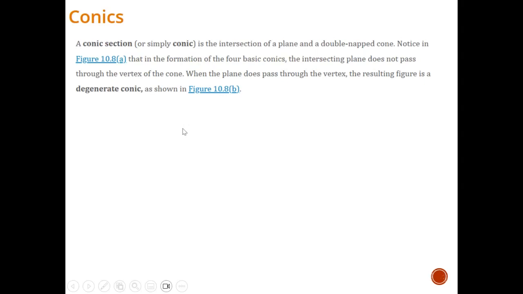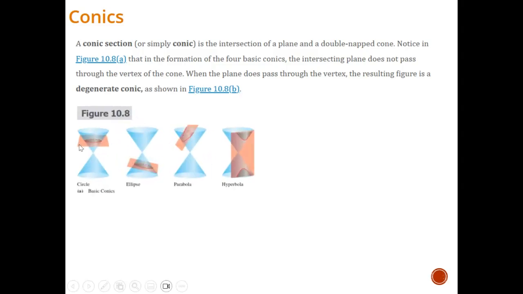All this section, guys, has to do with conics. What are conics? A conic section is an intersection of a plane and a double-napped cone. Notice in figure 10.8 that in the formation of the four basic conics, the intersection plane does not pass through the vertex of the cone.